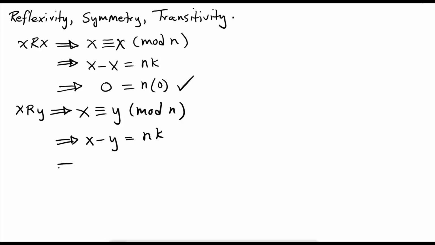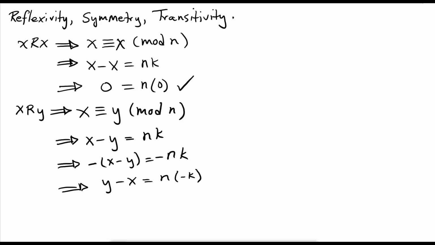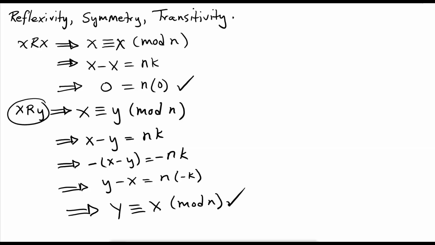Well, suppose I were to multiply both sides by negative 1. Well, this is just y minus x, which is equal to n times negative k. We have y minus x is a multiple of n, so that means that y is congruent to x modulo n. Starting off, assuming that x is related to y, we find that y is related to x, right?